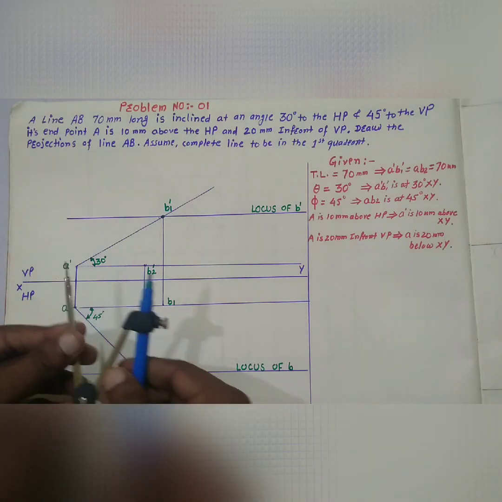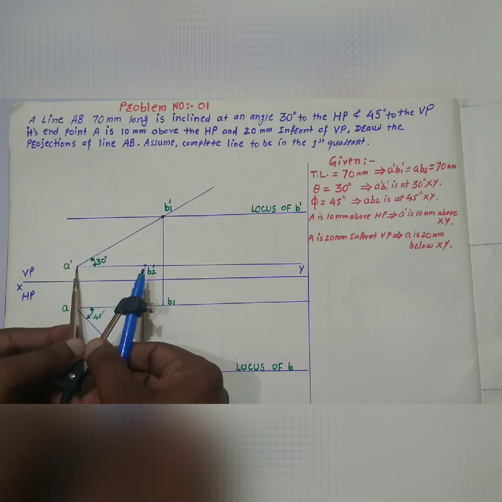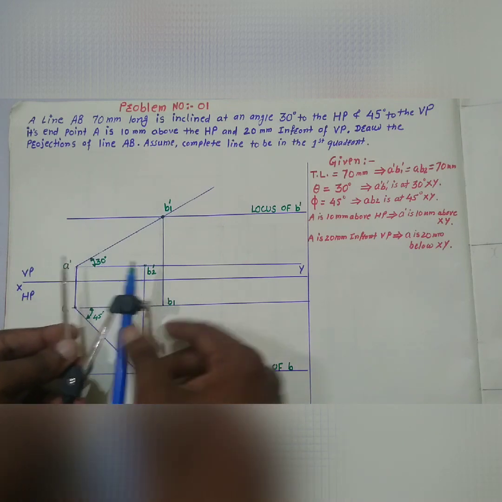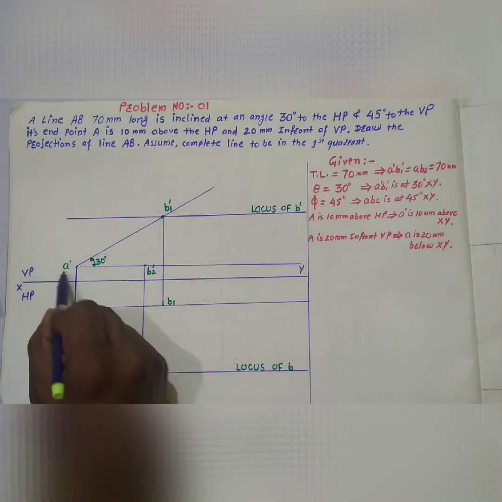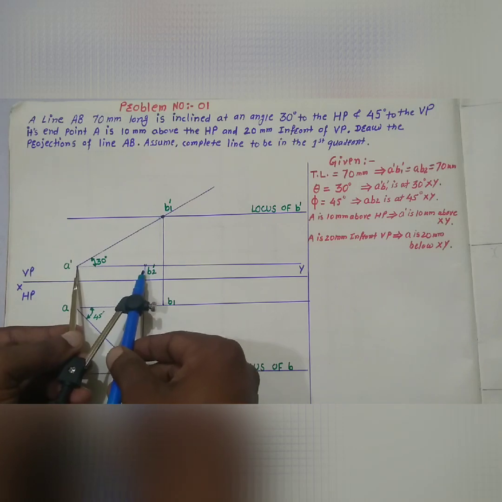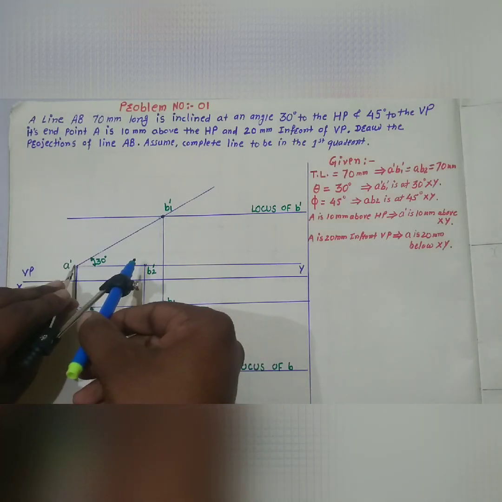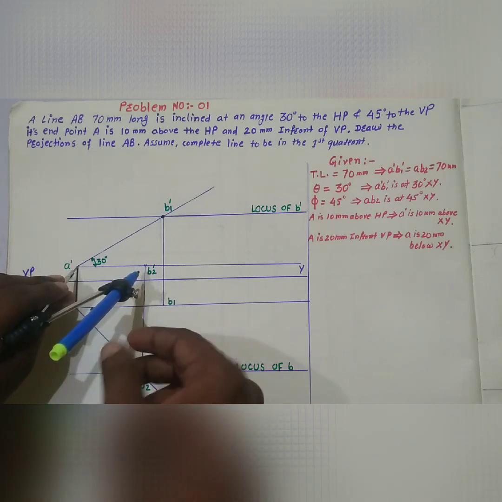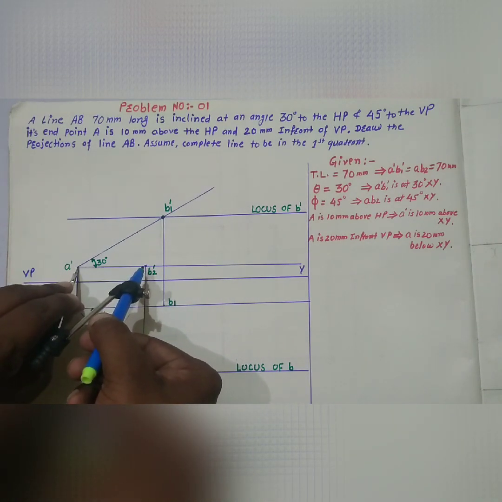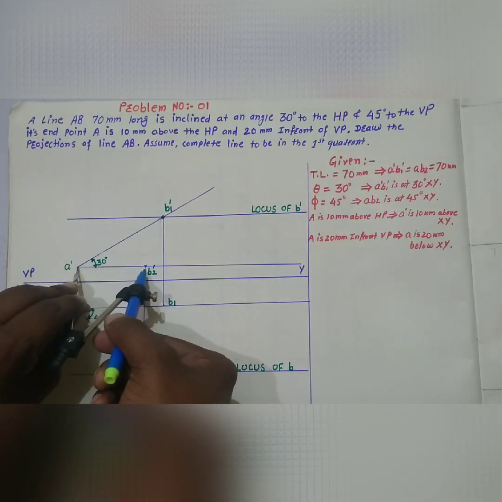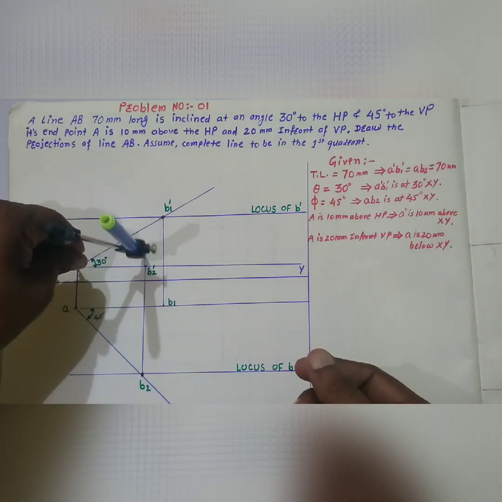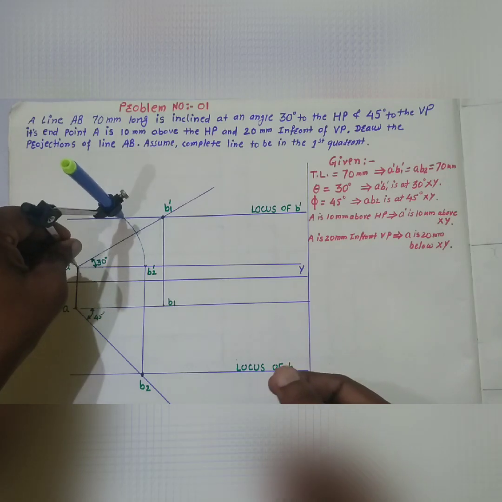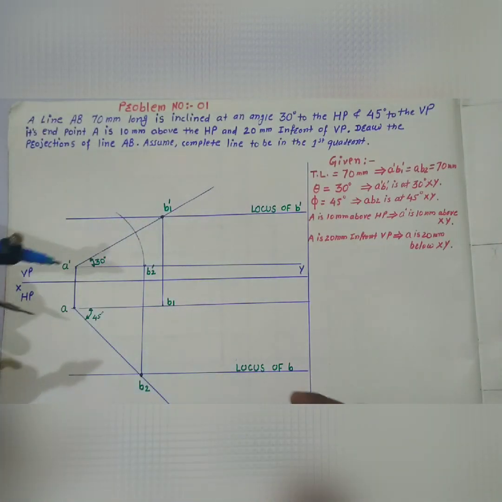Now in the rounder, take the distance A dash to B2 dash, with center A dash, and draw one arc which just touches the locus of B dash.